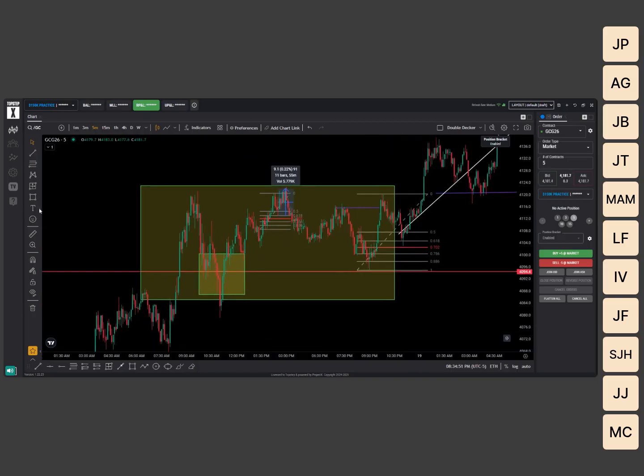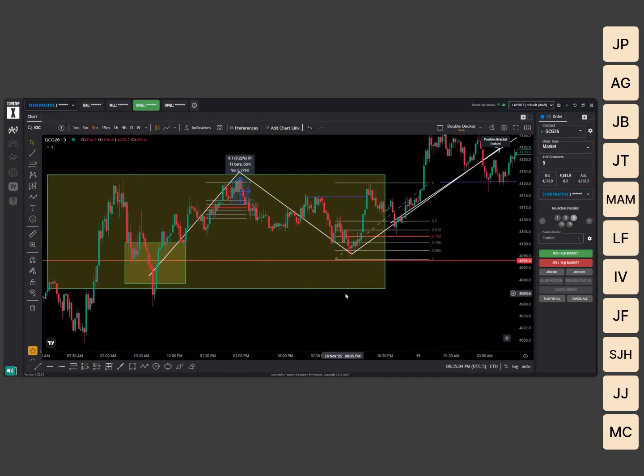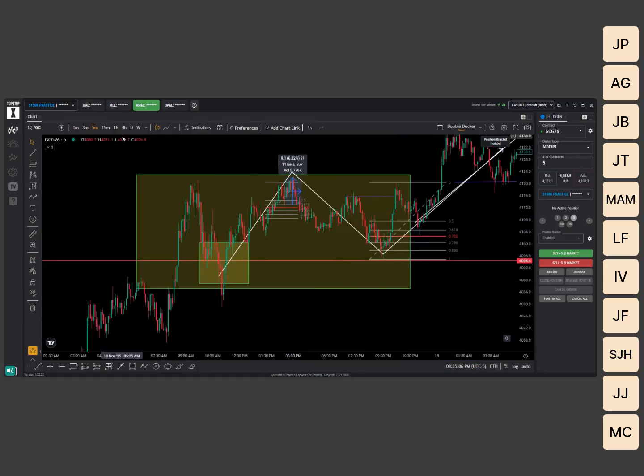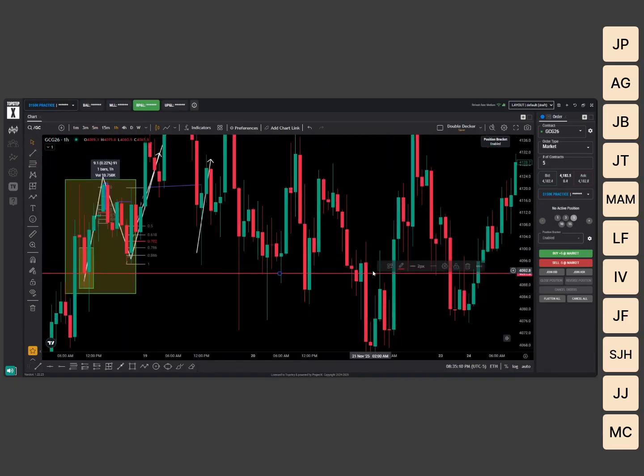I can already tell you now that this is either a pullback or consolidation, right? So when you see these breaks of structure on these smaller time frames, don't take it as, oh, it's time to get into the sale. Because remember, you're marking up your swing lows and your swing highs for a reason. But let's just see what it was.